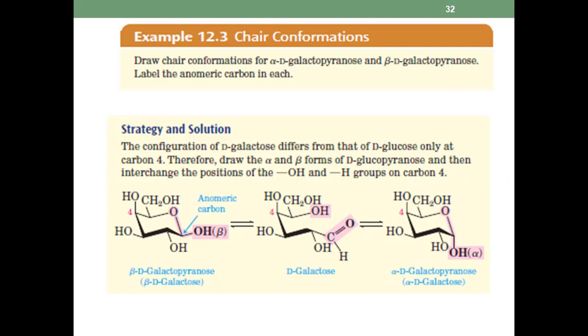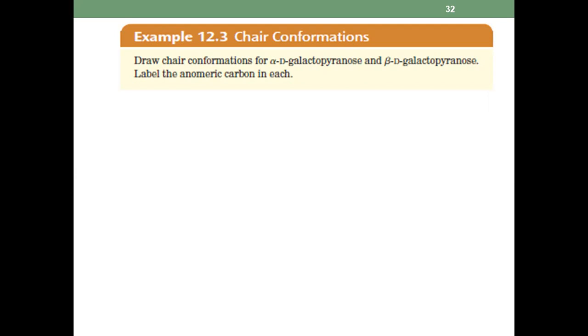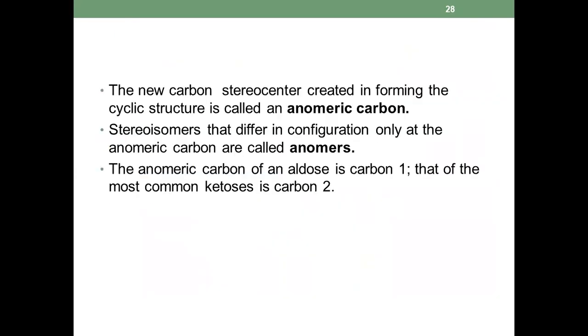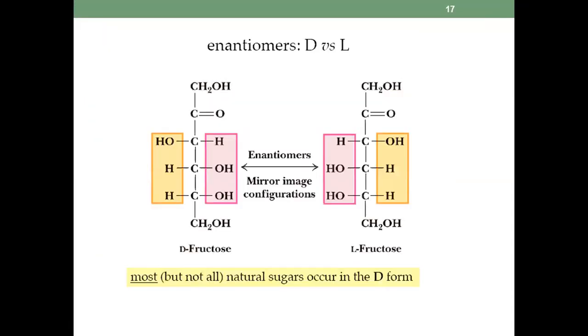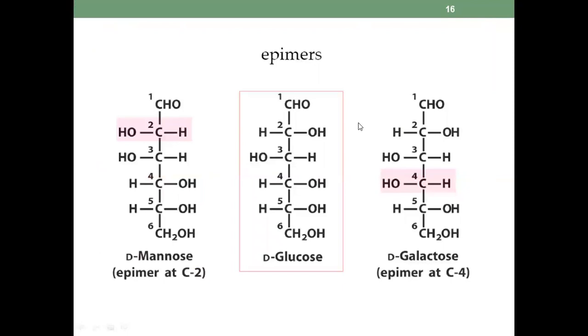The configuration of D-galactose differs from that of glucose at only carbon 4. So if you have 1, 2, 3, 4. Let's remember our galactose here. This is our glucose.